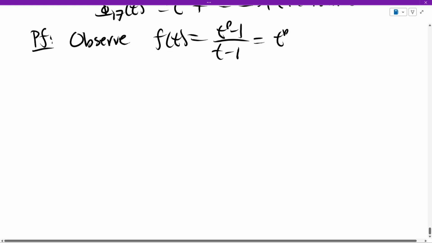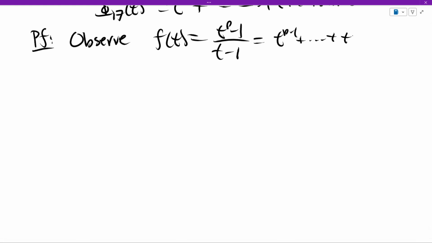Let me even just be really clear that this is what we're starting with. We're going to set t to be 1 plus u. This is a linear change of variables. In particular, if f is irreducible after this linear change of variables, it must in fact be irreducible before the change in variables.